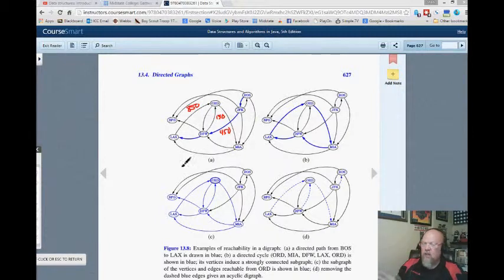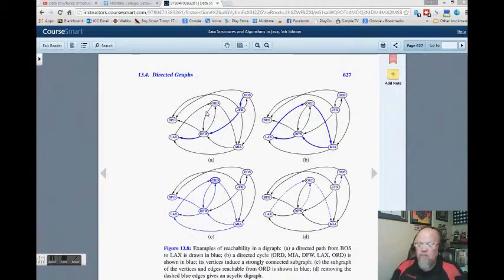This is a perfect example because with these types of graphs between airports, we know the mileage from one to the other. If we have some type of data, I would have to know some numeric value to get from one node or vertex to the next. So when we see numbers on those edges, it's called a weighted graph.